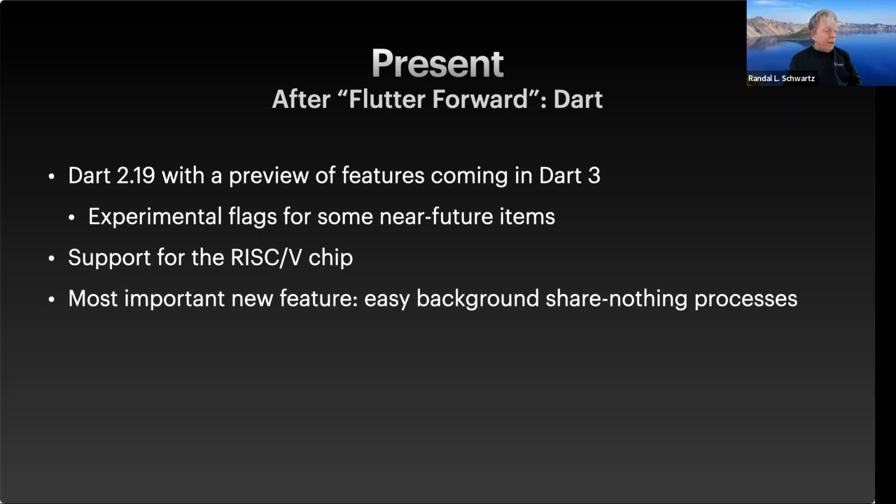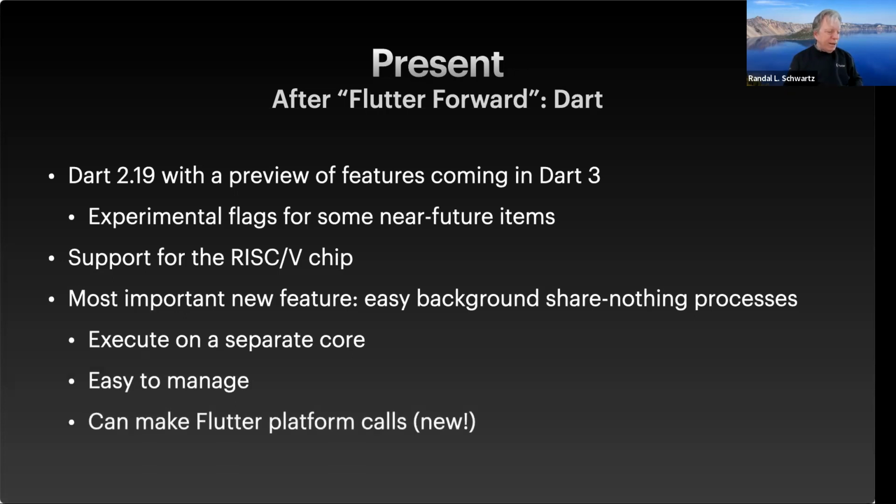But the most important thing is that one of the things that happened in Dart 2.19 is that it's now very easy to launch applications that are running in parallel with your main application. They run on a separate core. So if you have a multi-core machine, you can keep them all lit up and burning battery as fast as they can. That's kind of cool. And it's easy to manage, and it can actually also do all the plugin stuff.